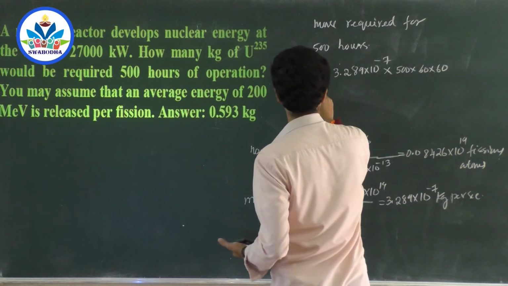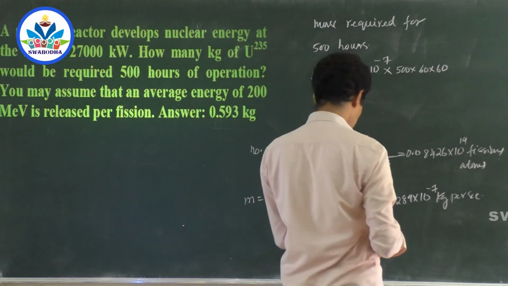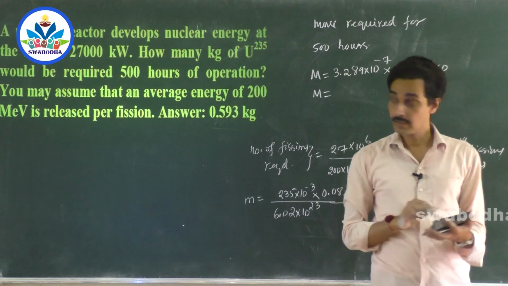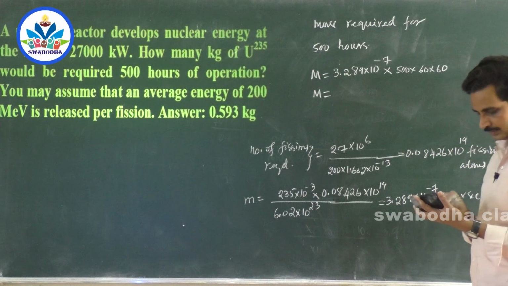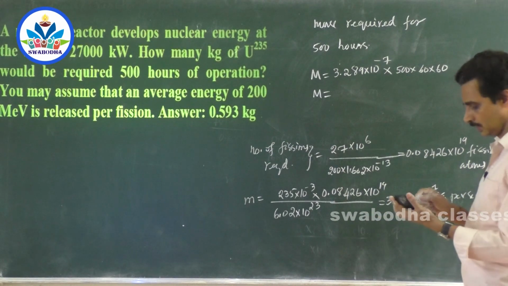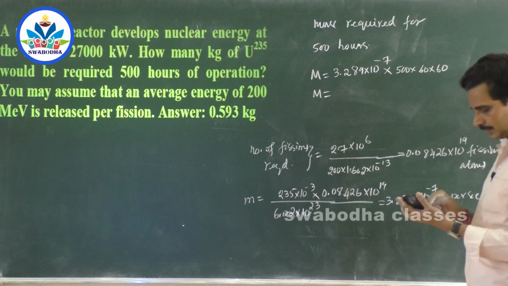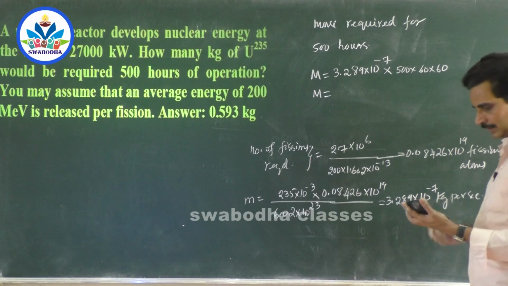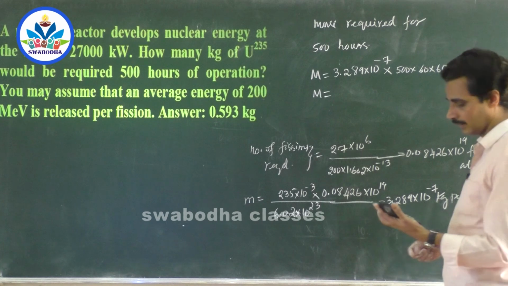So 3.289 into 500 into 60 into 60. That comes to, we are getting the answer.